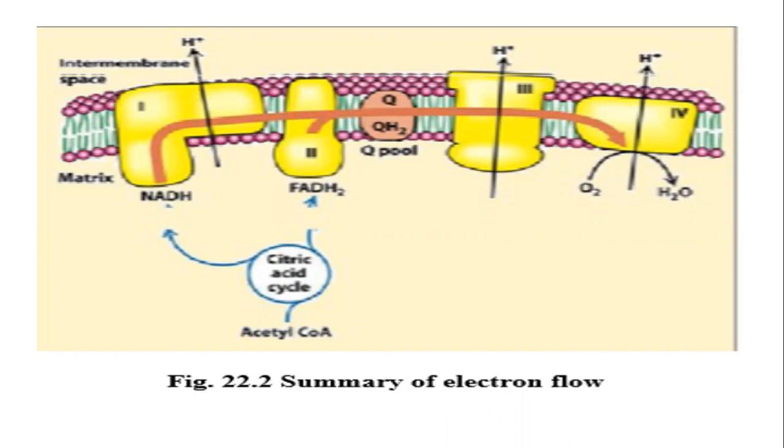This contributes to the proton electrochemical gradient that drives ATP synthesis by complex 5 in the presence of ATP synthase. And thus protons are returned to the matrix and ADP combines with inorganic phosphate to make ATP. And finally, as a result of this cellular respiration, ATP is being synthesized.